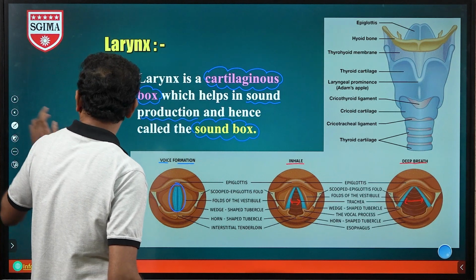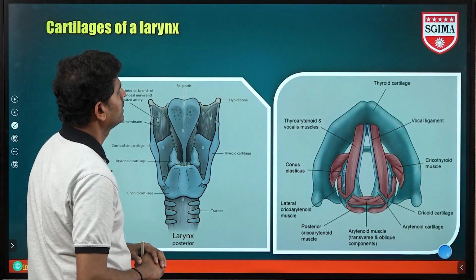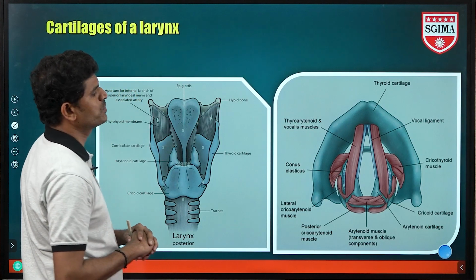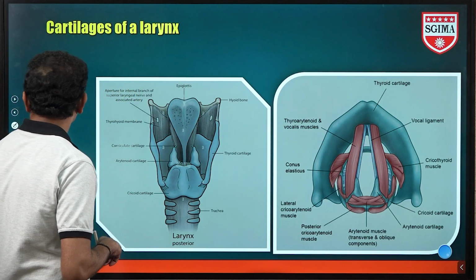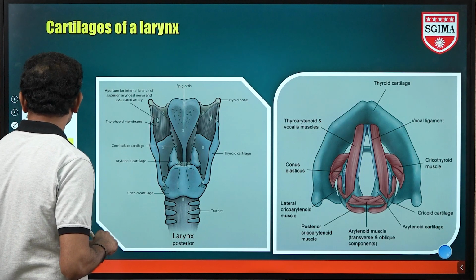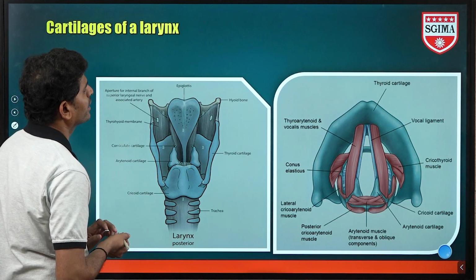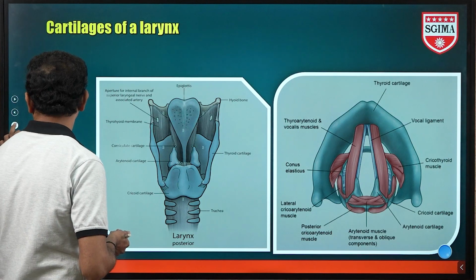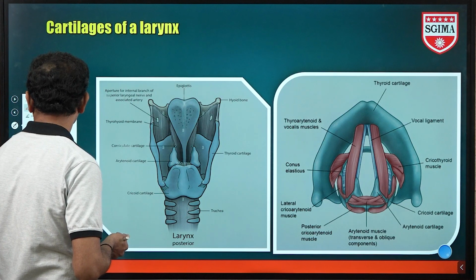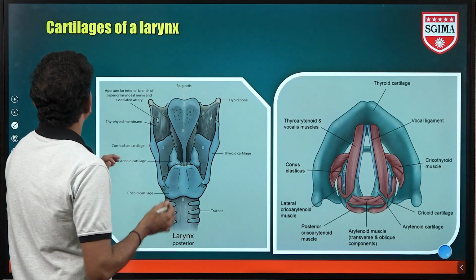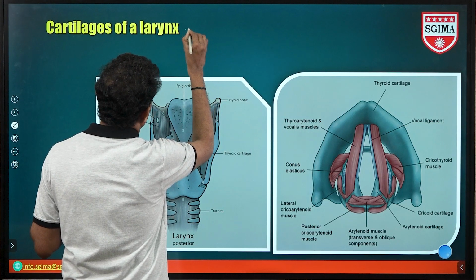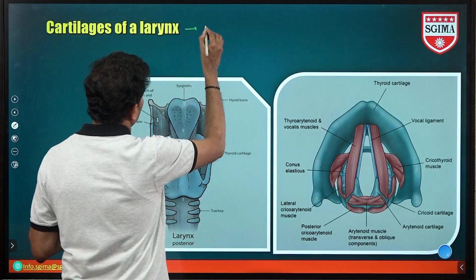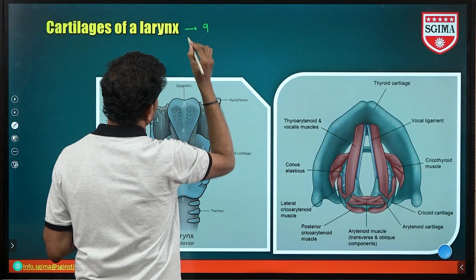Now next slide. In this one, we can observe the internal structure of this cartilaginous box. इसमें क्या structures है? This cartilaginous box, the larynx, contains a total of 9 cartilages.